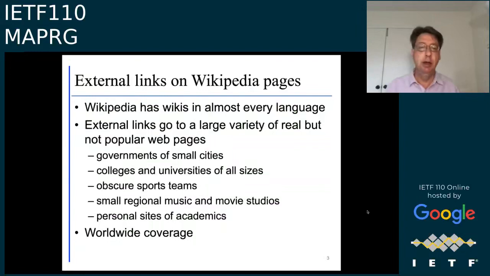And also the nice thing is Wikipedia is not just in English, it's in pretty much every spoken language in the world. As I was looking, I was like, oh, this is great. These are much more typical than a list of the largest websites around. You get governments of small cities, obscure sport teams, things like that. So the question was, without scraping all of Wikipedia, could I get a sample of these?